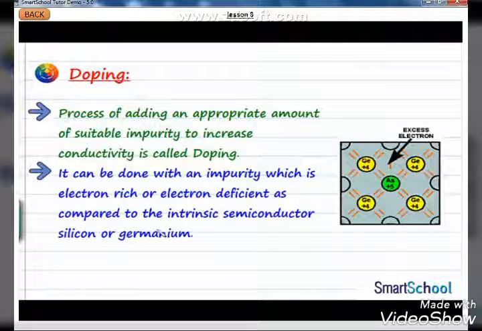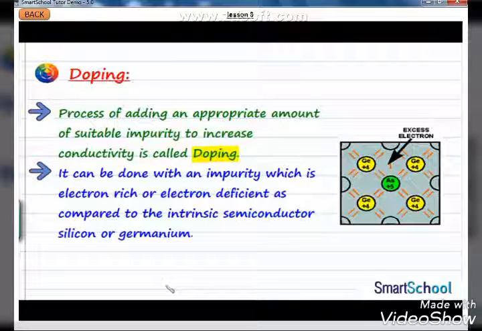After learning about intrinsic semiconductors, let us see what is the meaning of doping. The process of adding an appropriate amount of suitable impurity to increase conductivity is called doping. So what is doping? It is the process of adding an appropriate amount of suitable impurity to increase the conductivity of the intrinsic semiconductor.